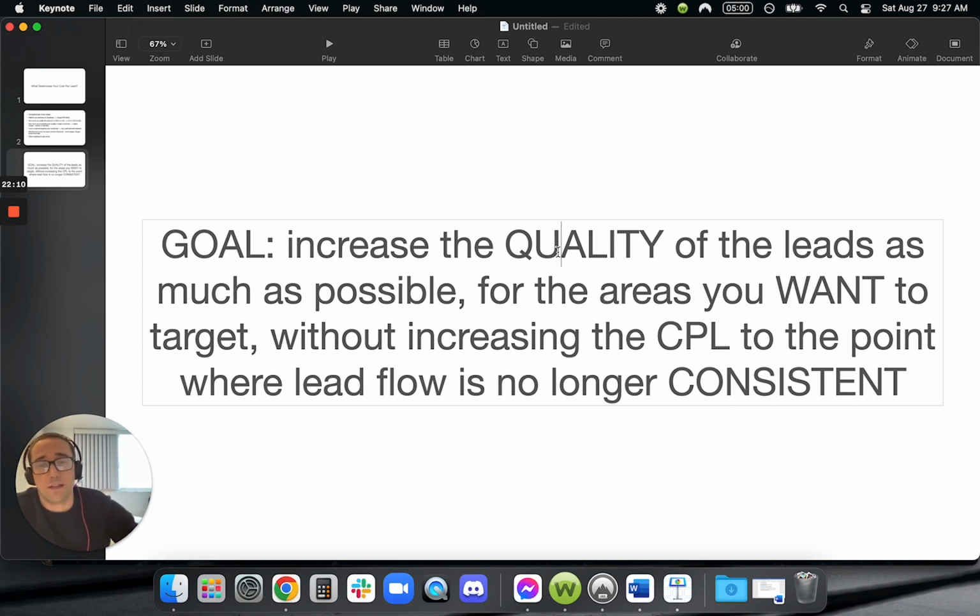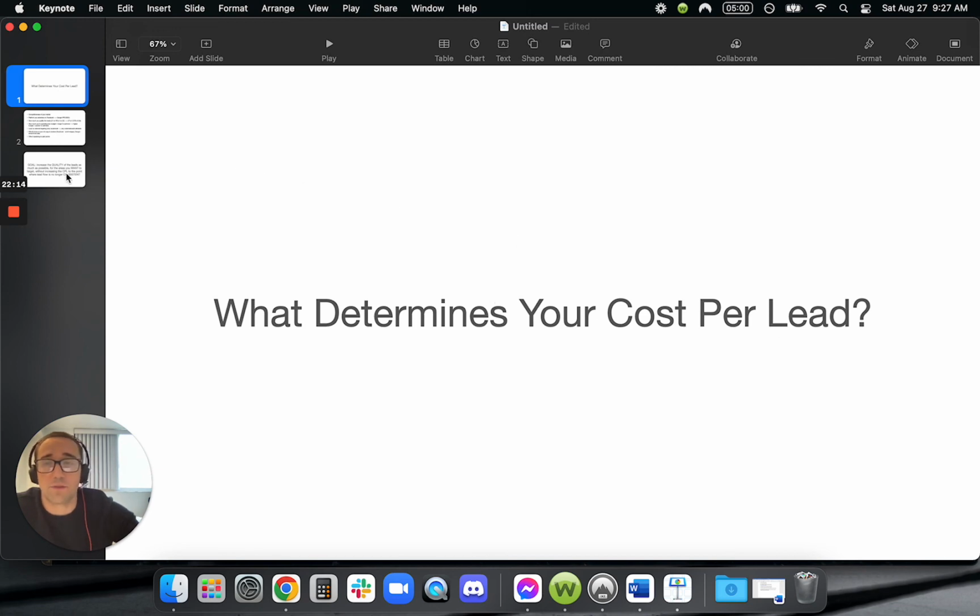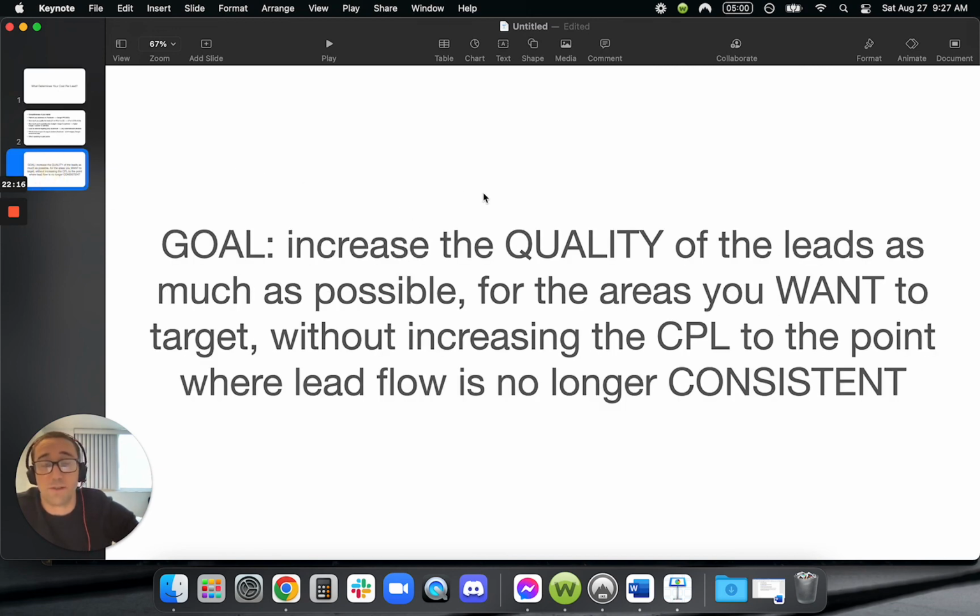So again, to answer the question, the first question was, what determines your cost per lead? Well, it depends. It depends on a lot of things. And I don't think that's really the right question to ask, because at the end of the day, what matters is your ROI. And your ROI is going to depend on getting consistent lead flow with leads that you can actually work.